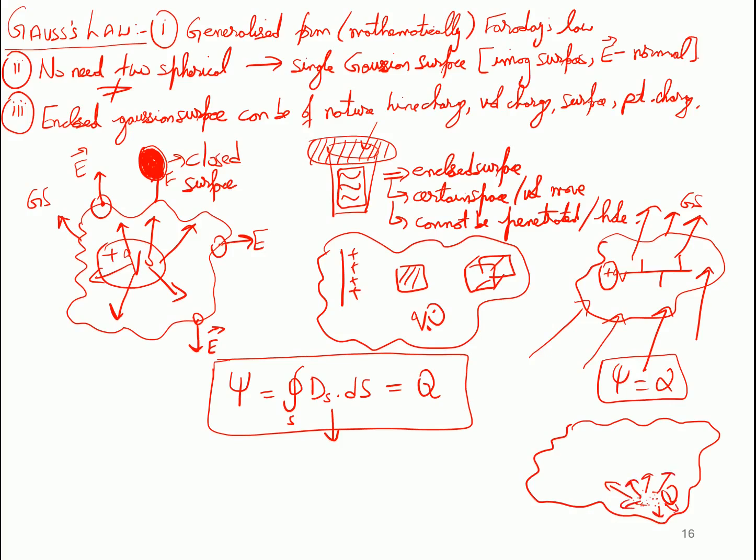Now let us select an arbitrary small space inside this bigger surface. Obviously the electric flux generated from charge q is going to pass through this surface. Let us consider a point P over here, and we want to see the accumulated effect of all the flux lines passing through this point P.